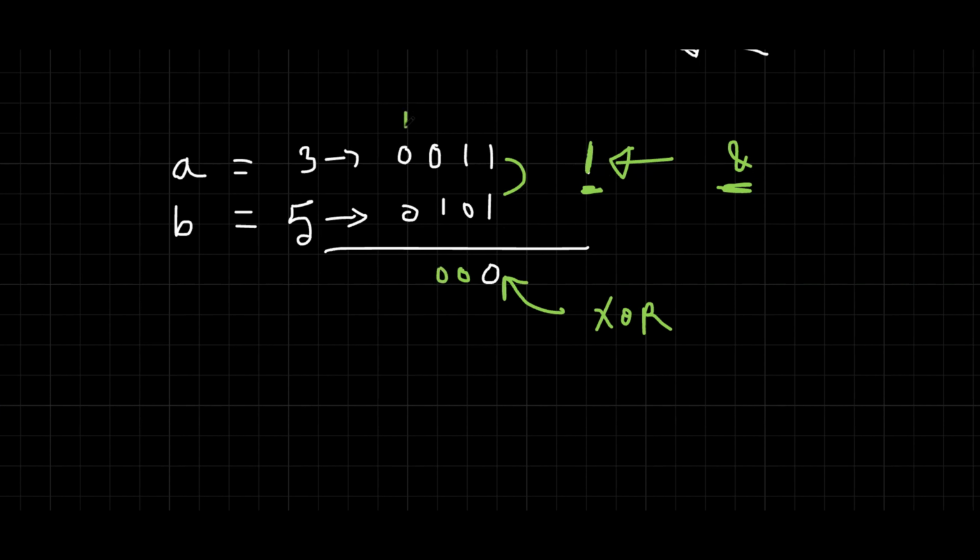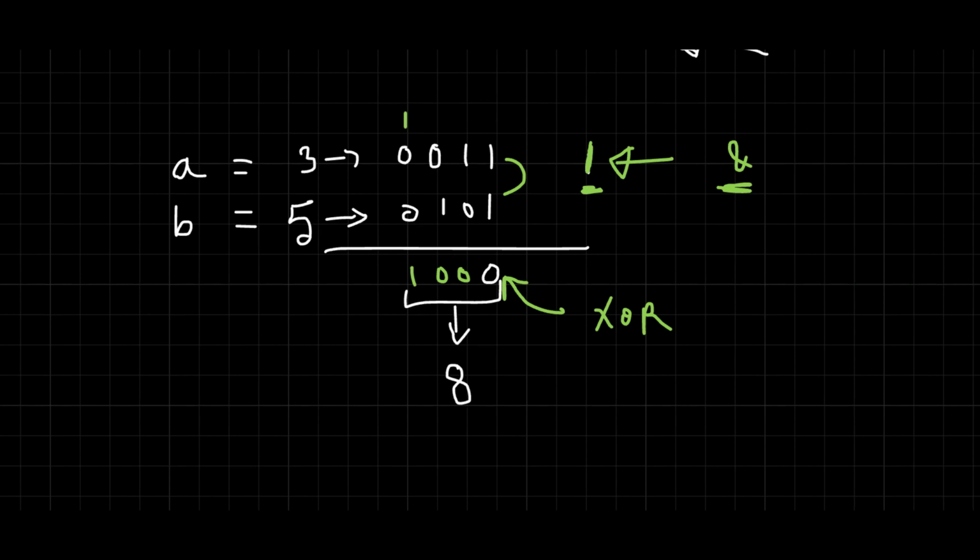Now here, the carry is 1, and both of the bits are 0. So their summation will be 1. So here, this is the addition output, and the value is 8.